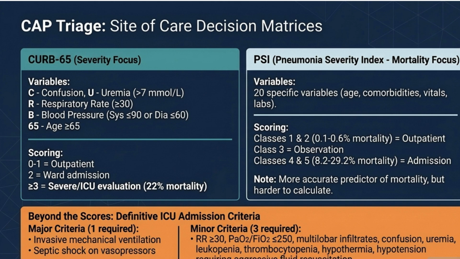Remember, definitive ICU admission requires one major criterion, like mechanical ventilation or septic shock, or three minor criteria, like respiratory rate greater than 30, uremia, or multilobar infiltrates.